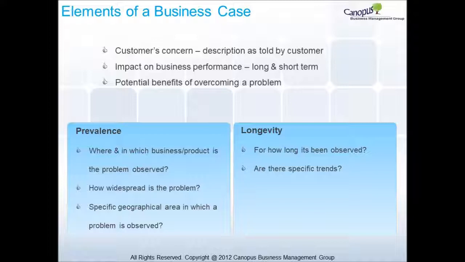Prevalence. Where, and in which business or product, is this problem observed? How widespread is the problem? And the specific geographical area in which a problem is observed. Longevity. For how long has the problem been observed? And are there specific trends?